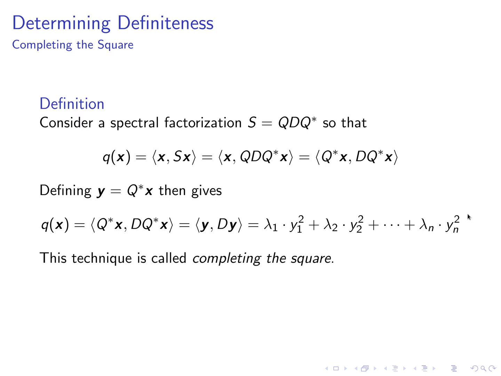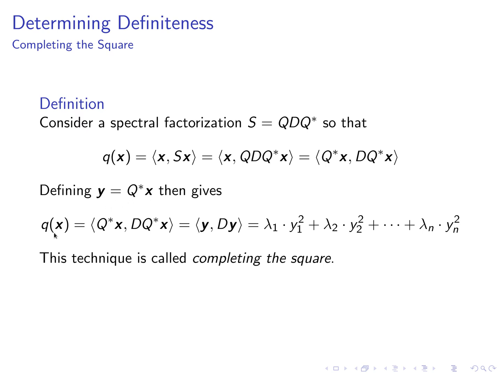So this technique is called completing the square. And the idea is that if we manage to find a spectral factorization of the matrix representing our quadratic form, the quadratic form itself might have a very ugly formula, but by completing the square, we can change our variables from x's to y's via the formula y equals Q star times the variable vector x.